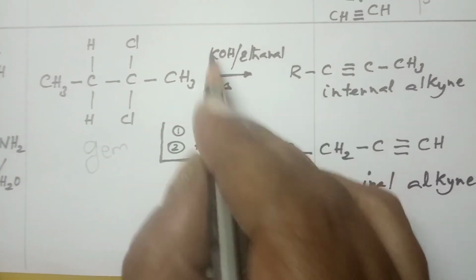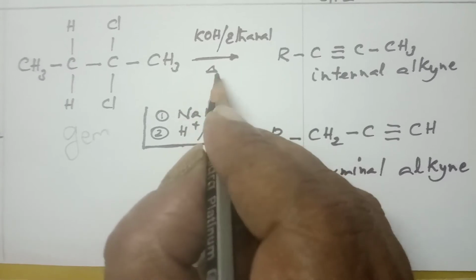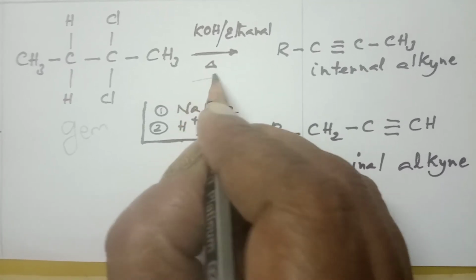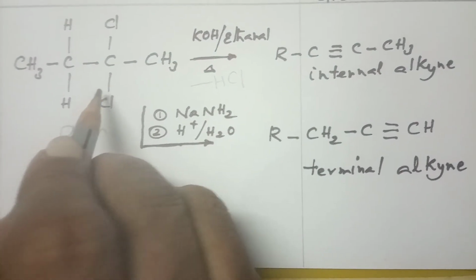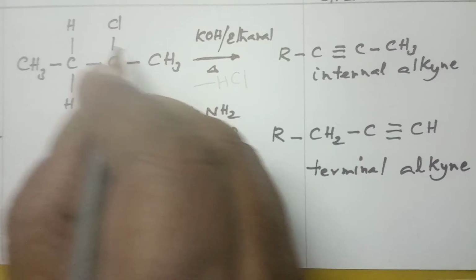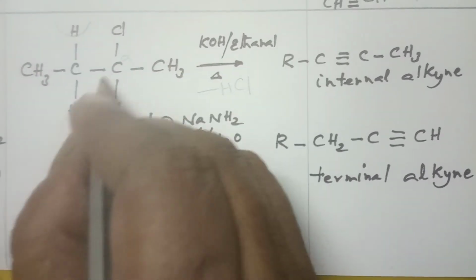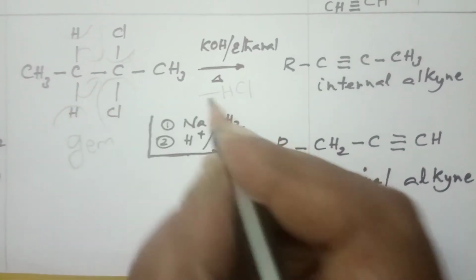What is dehydrohalogenation? Removal of hydrogen and halogen. Now I am writing it here. This one is alpha and this is beta; remove it, and the bond shifts here. Then you remove this and the bond shifts here.